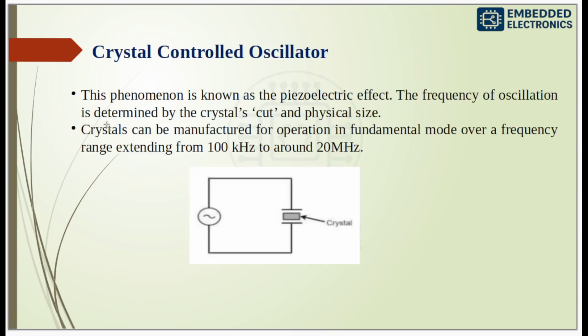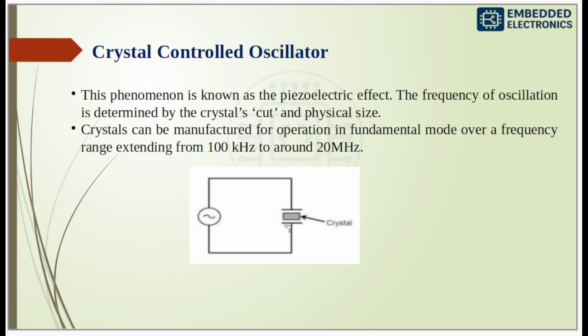And next is the crystal controlled oscillator. Here you see the circuit. This is a simple crystal oscillator test circuit. So an AC source drives the current through a quartz crystal which vibrates at its own natural resonant frequency.